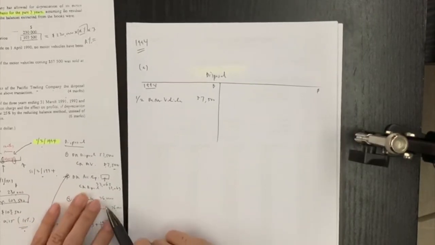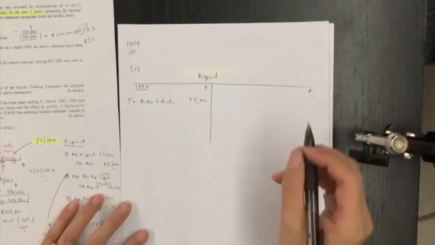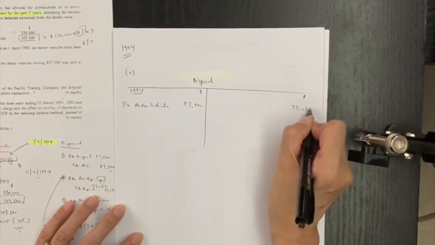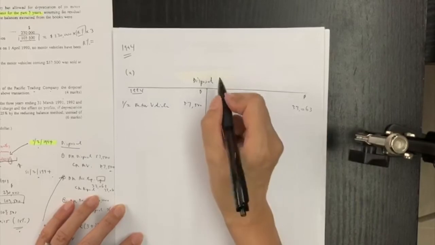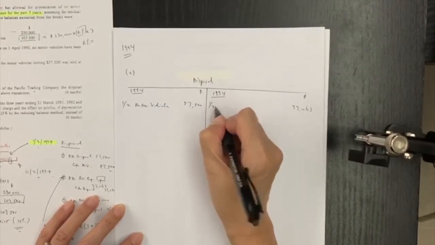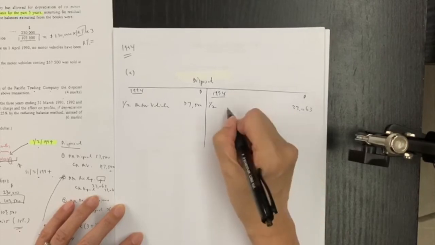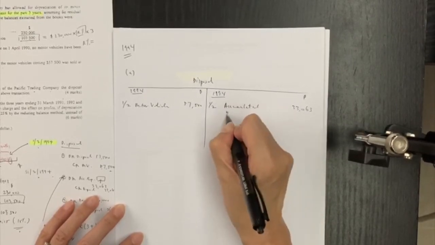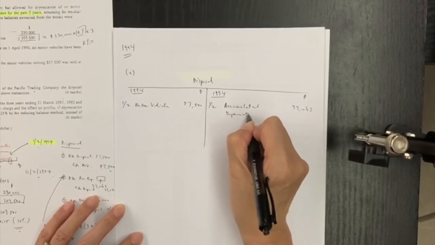And step 2, credit disposal by 33,063, on 1st of February 1994, because of accumulated depreciation.